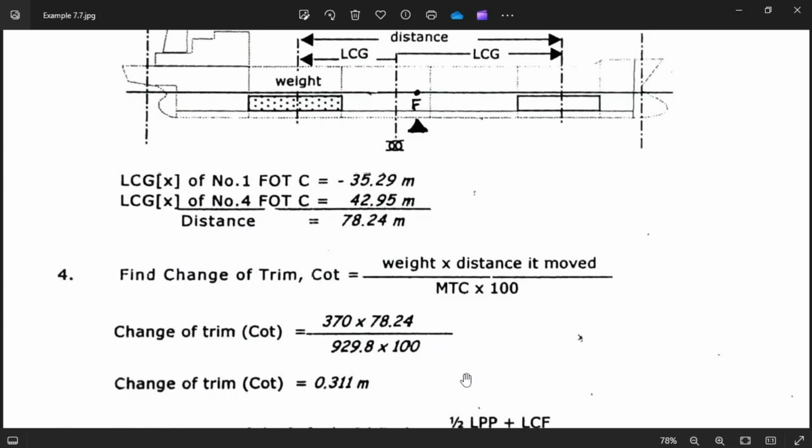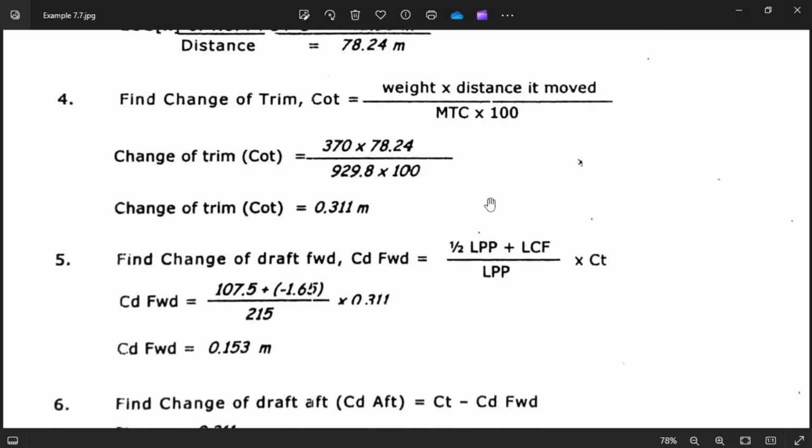That will be your change of trim. And number 5, find the change of drop forward. This is change of drop forward equals one half LPP plus LCF over LPP times change of trim. What is the LPP of this vessel?